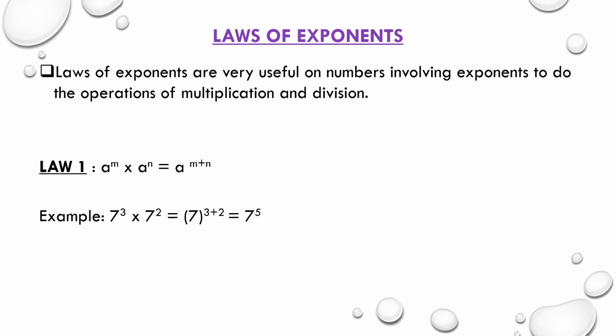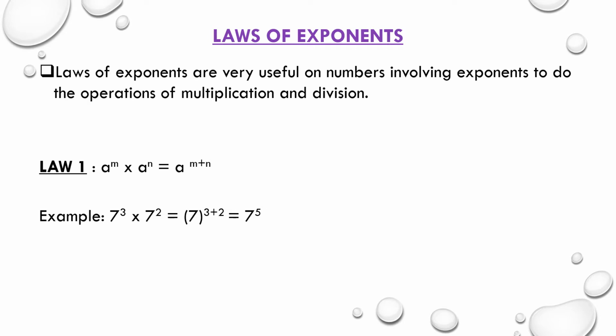Laws of exponents are very useful on numbers involving exponents to do the operations of multiplication and division. First law of exponent is a raised to the power m multiply a raised to the power n is equal to a raised to the power m plus n.